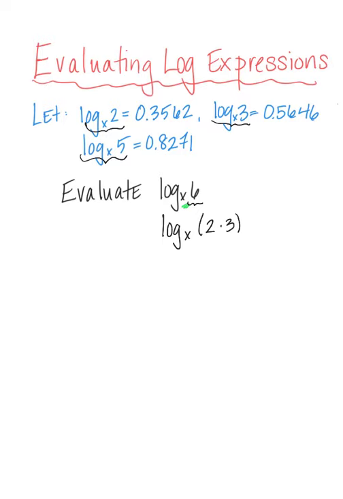If you think about the log properties that we did before, if there are values in the argument that are multiplied, we can break them up by giving each one of them their own logs. So I'm going to write this as log base x of 2, and because of the multiplication, I'm going to add the logs. Log base x of 2 plus log base x of 3.